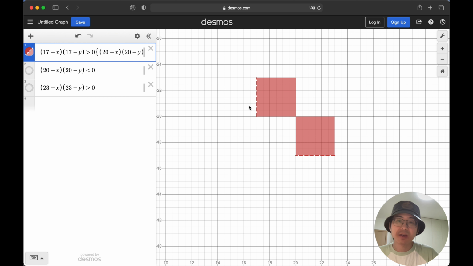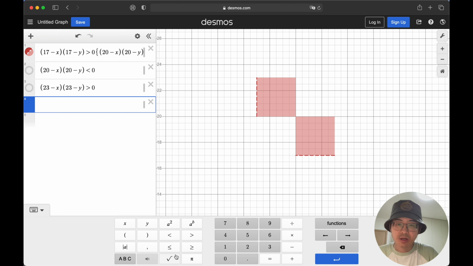You can just pick one point and make sure that the point you choose has integer values. For example, I can choose the point with x coordinate 18 and y coordinate 22. So 18 then 22. You see, this point is in this region, right?